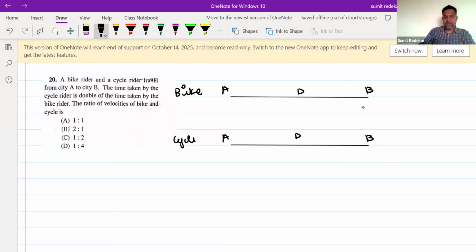So let's say the bike took 10 hours, then the cycle took 20. If the bike took 6 hours, the cycle took 12. So if the bike took t, the cycle took 2t.